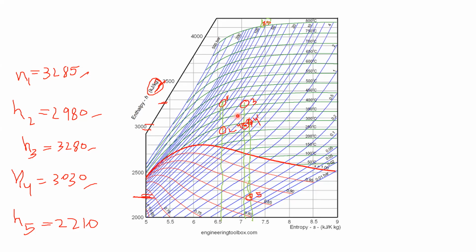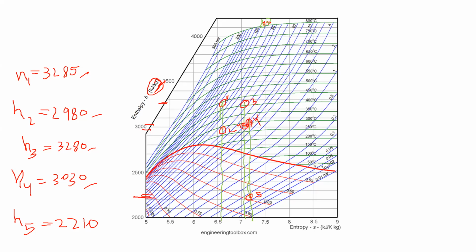Then after, at this constant pressure only, we are reheating the fluid. If you take the value at 420 degrees centigrade at this particular pressure, that will give you the third state. Then after, if you extend this line to the fourth state, I get the fourth state at the pressure of 10 bar.